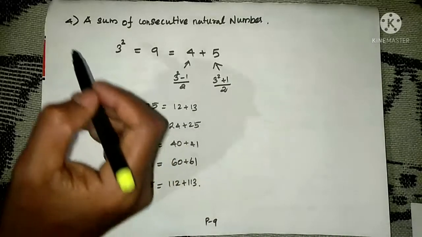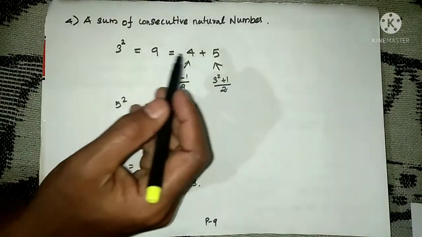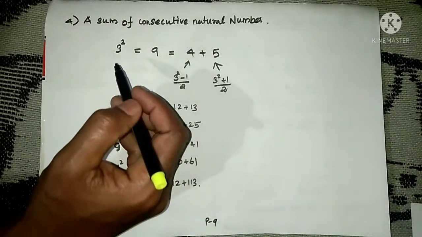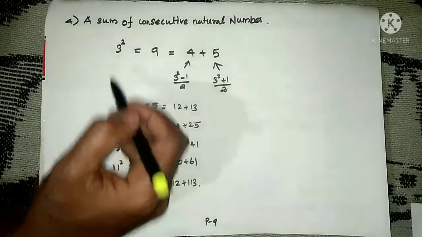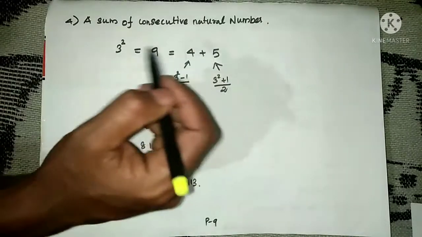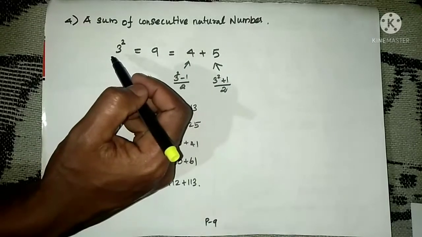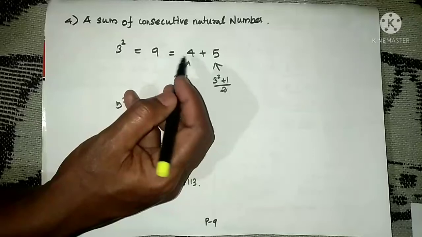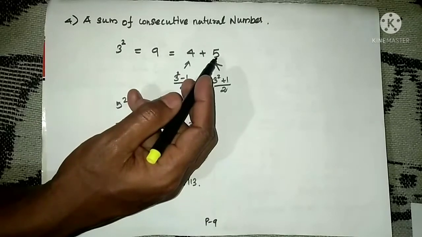The fourth pattern, the sum of consecutive natural numbers. We can write square numbers as a sum of two consecutive natural numbers. For example, 3 square is equal to 9. 9 we can write as 4 plus 5.